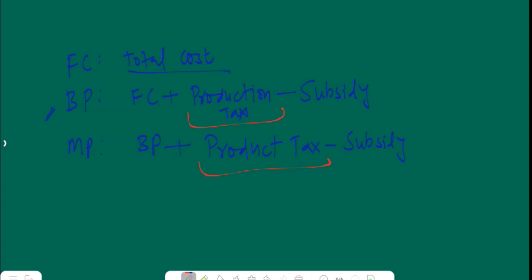It is imposed on the firm, and this is one-time tax, like stamp duty or land revenue.